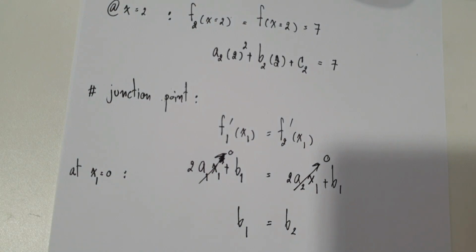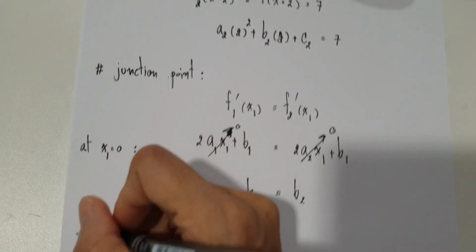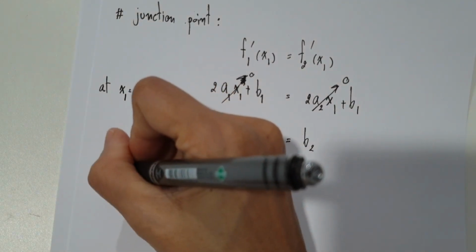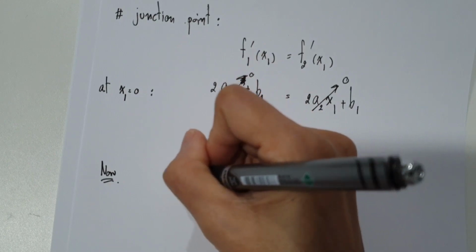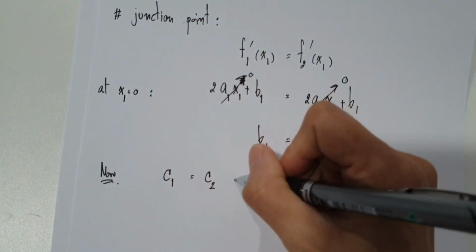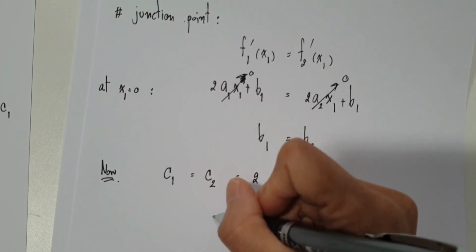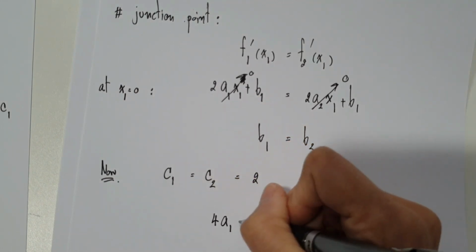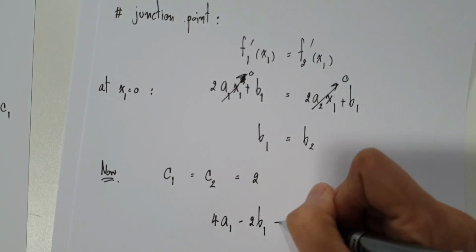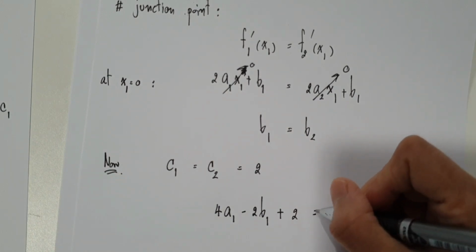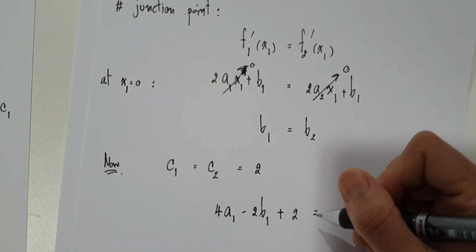Okay. Now, what we try to derive: we know that c1 equal to c2 equal to 2, and we also get the function 4a1 minus 2b1 plus c1, which is 2, equal to 0.